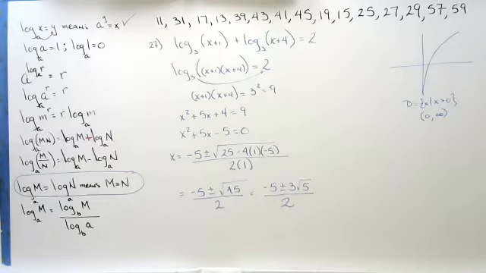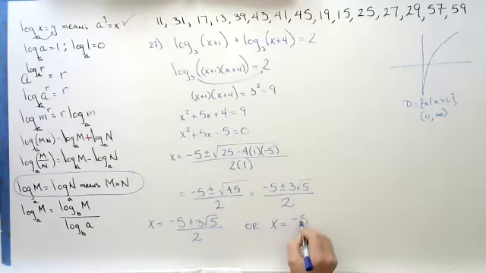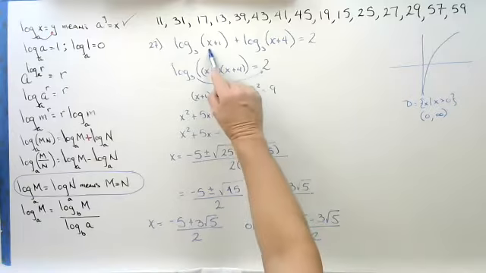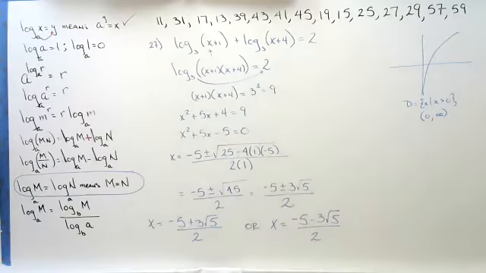Now that gives me two answers. This one's negative. I mean, that's a negative, that's a negative, that's a positive. This one's negative. And if I put a negative right there, oh goodness, I'm adding 1.